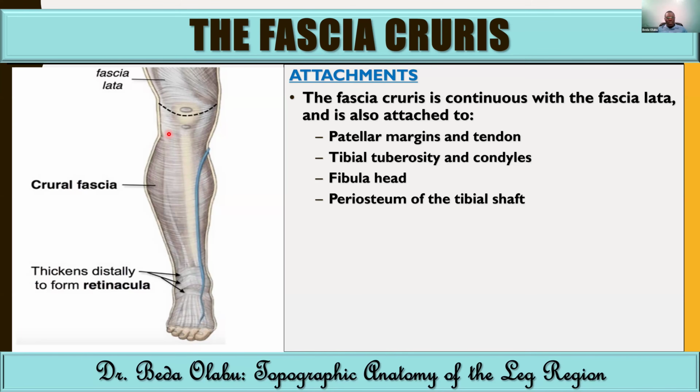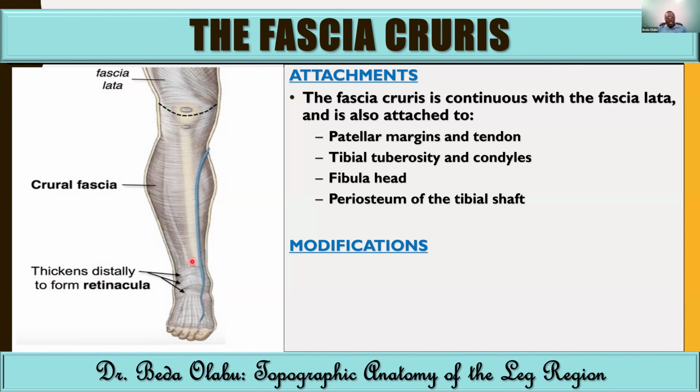And predominantly it also attaches to the periosteum of the tibial shaft. Why? Because I mentioned that the tibia is subcutaneous. And so fascia cruris actually attaches onto the tibia predominantly, largely on the anterior margin of the tibia, almost throughout the bone.